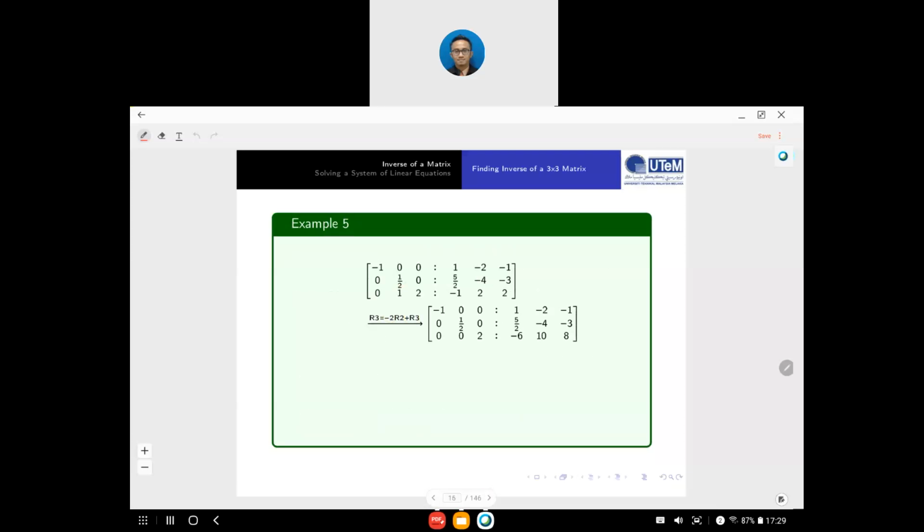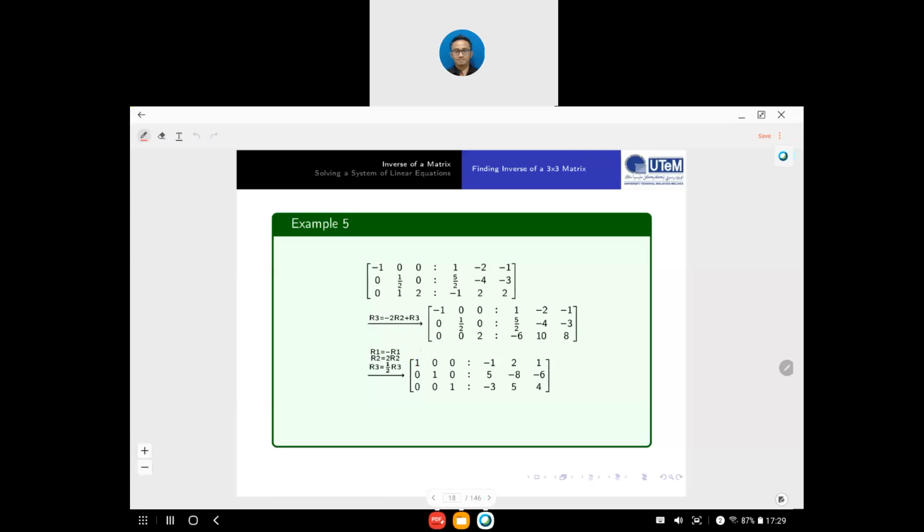Next, you want to change row 1, row 2 and row 3 to become 1, because the identity must have diagonal equal to 1. So row 1 times -1, row 2 times 2, and row 3 times 1/2. So you can get this value.